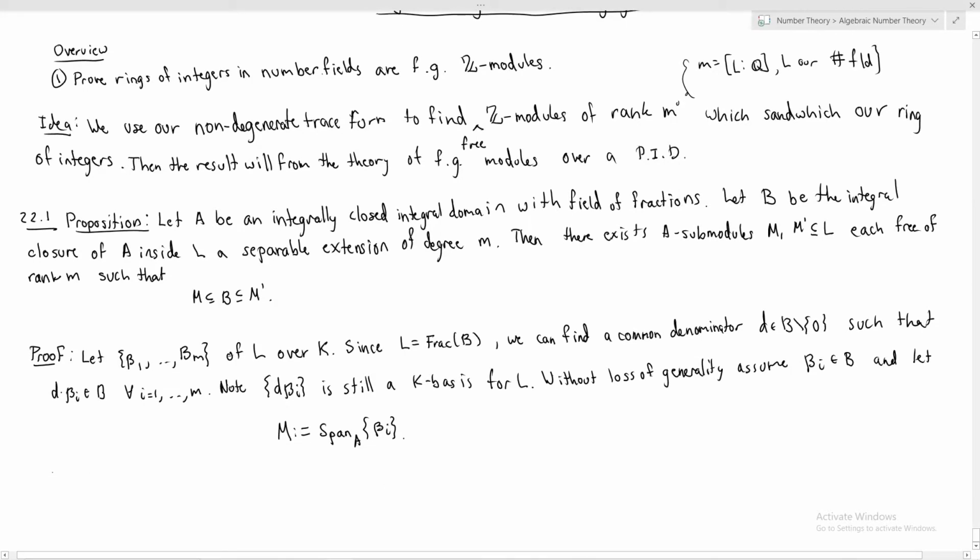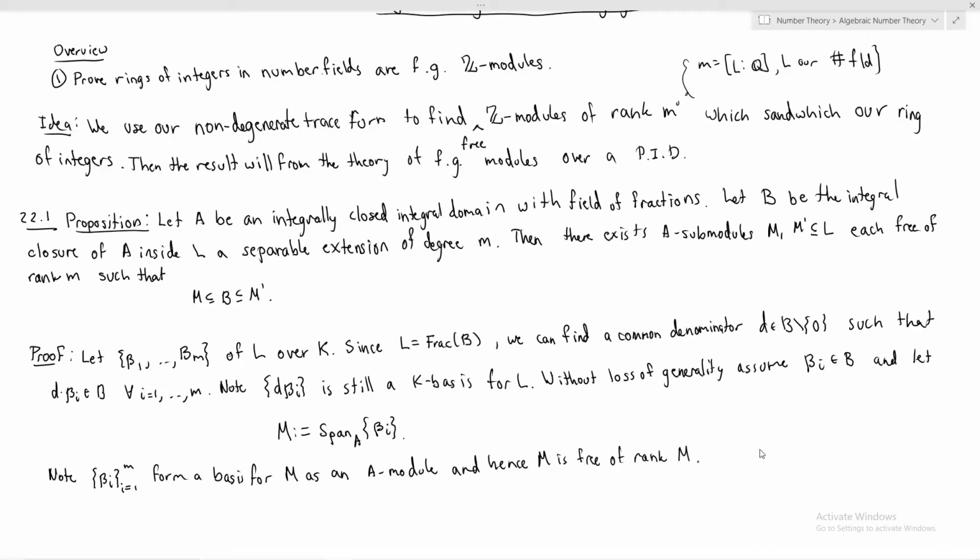So a small note: since these things are linearly independent over K, they're certainly linearly independent over A. So note the beta i, i equals 1 to m, form a basis for M as an A-module, and hence M is free of rank m.